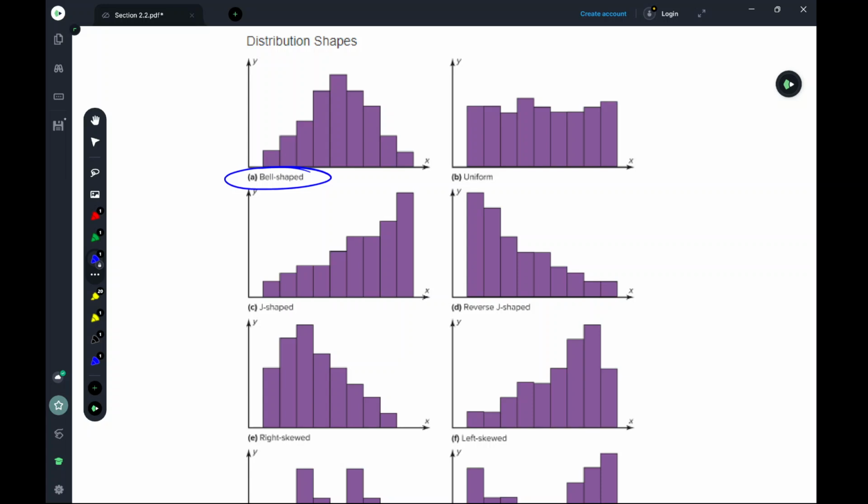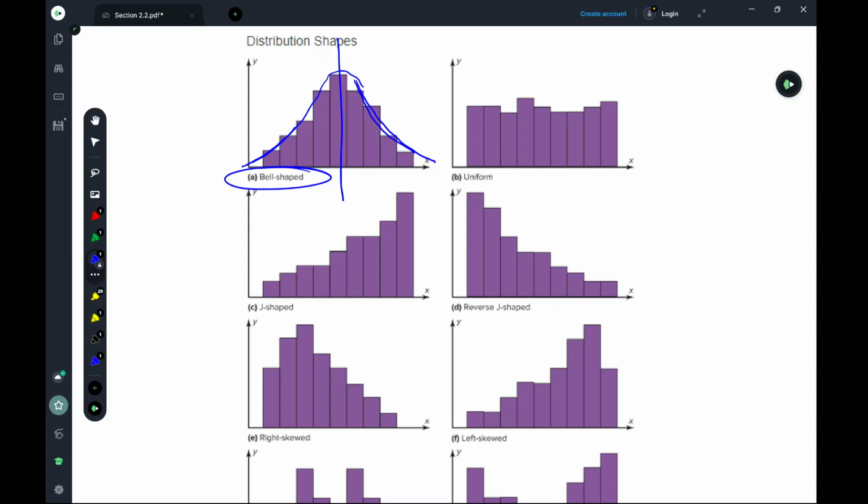Notice that we have this really nice shape of a buildup of data to this center point that then fairly symmetrically dives off on the other side, so that each side looks fairly close to a mirror image of the other. We call that bell-shaped.